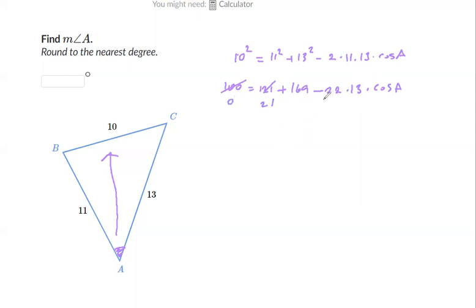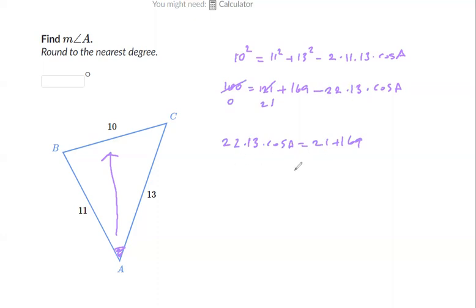Then if I add the positive version of this product, you get 22 times 13 times cosine A equals 21 plus 169. Again, if you didn't get this part, pause and look at it, or you can multiply these two numbers to get another number times cosine A and go from there.